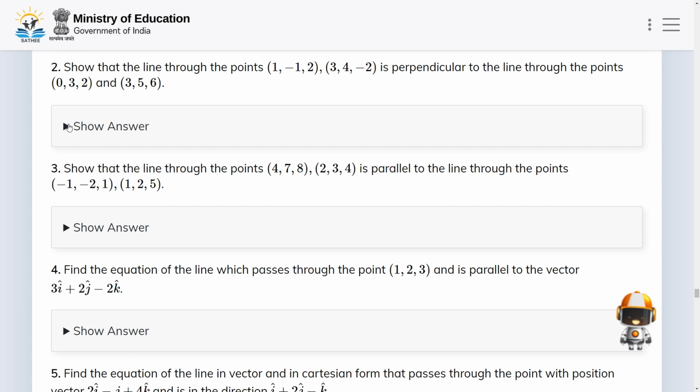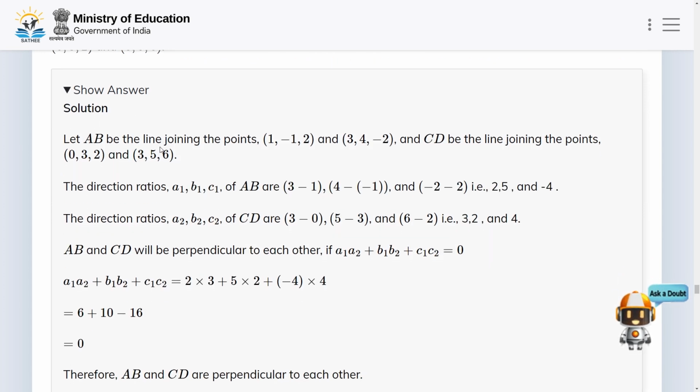Let's see. AB is the line joining the first points, and CD is the line joining the other points. Now the direction ratios will be very simple.